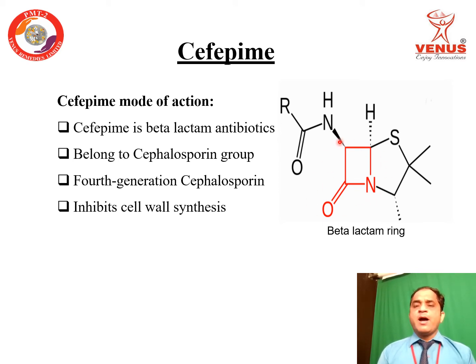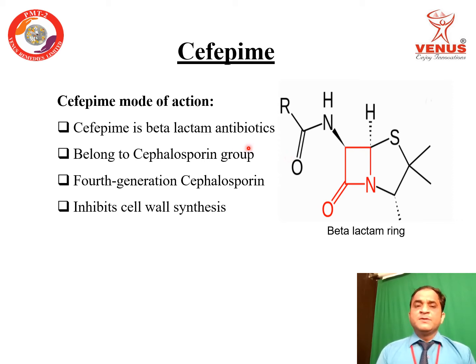So all antibiotics which have a beta lactam ring in their chemical structure are called beta lactam antibiotics. Here sapipine is a beta lactam antibiotic, and beta lactam antibiotics can be further divided into 4 classes, that is penicillin, cephalosporin, monobactam and carbapenem.